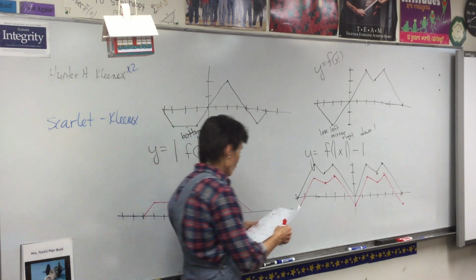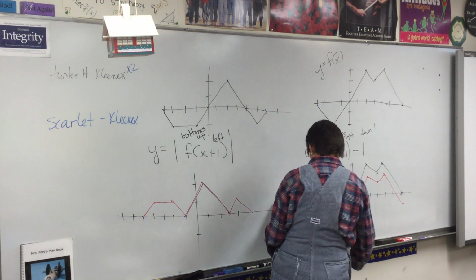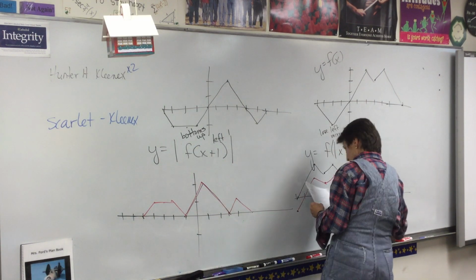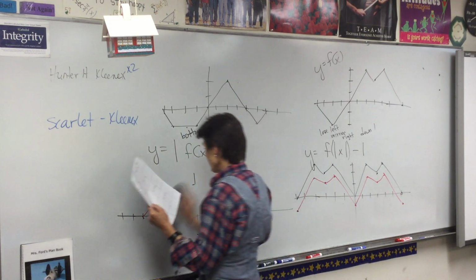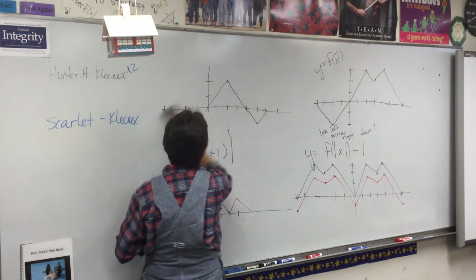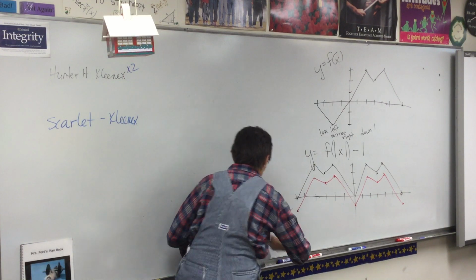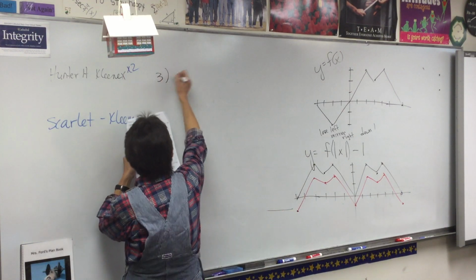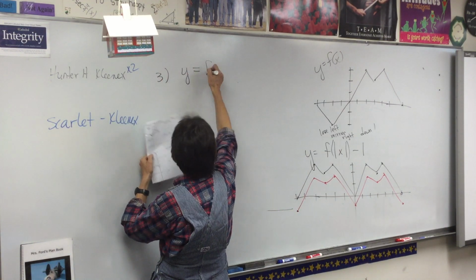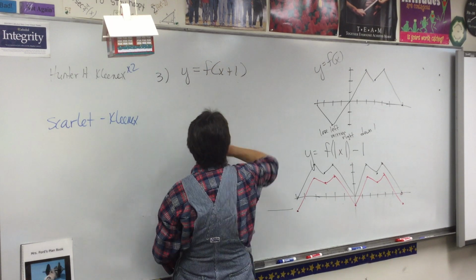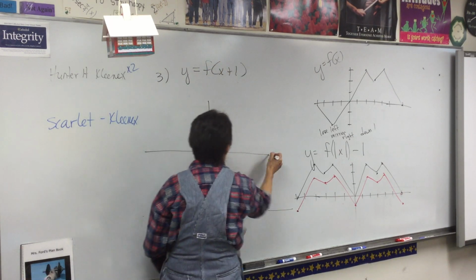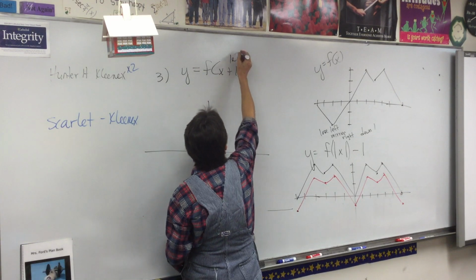Will Browning, pick one more. 1 through 7, except the one we just did. 3. So 3 says y equals f of x plus 1. So Will, what's happening in this problem? Oh, left one. Left 1.